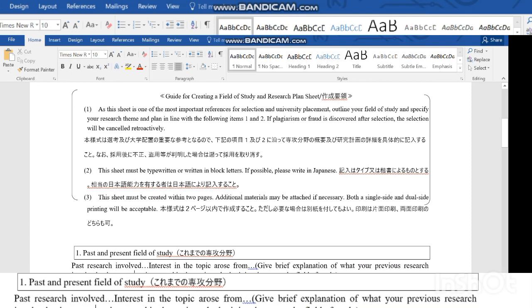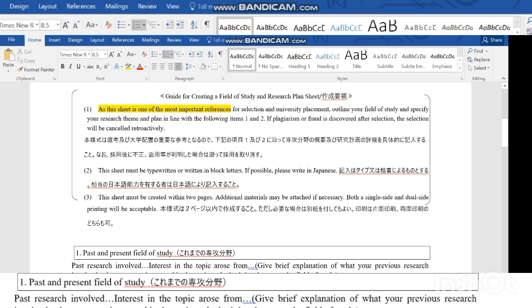Guide for creating a field of study and research plan sheet. As this sheet is one of the most important references for selection and university placement, outline your field of study and specify your research theme and plan in line with the following items 1 and 2.